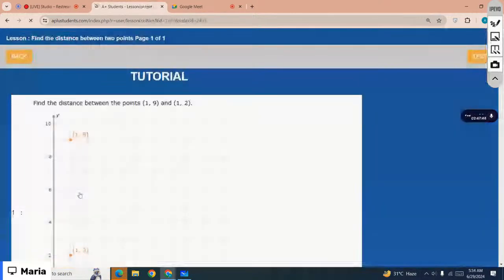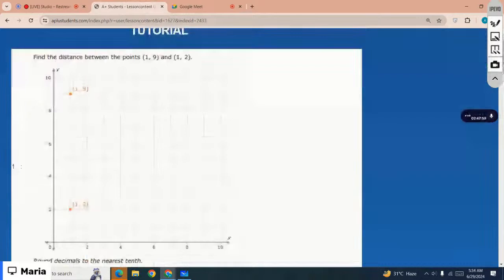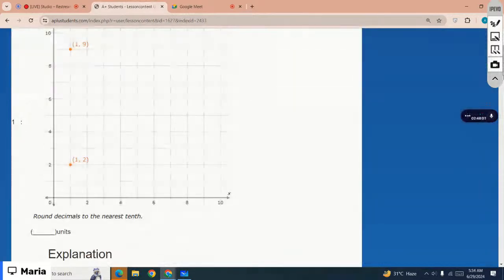So now we're going to learn this formula, right? How do we calculate the distance between 2 points? Let's just start with the first example. Find the distance between the points (1, 9) and (1, 2). So they are on the grid, right?